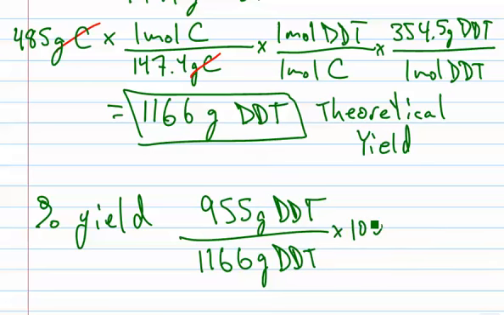So I take 955 divided by 1166 times 100 gives me 81.9% yield. Okay, and so this number tells me the efficiency of my chemical reaction, or the efficiency of my recovery in this particular process.